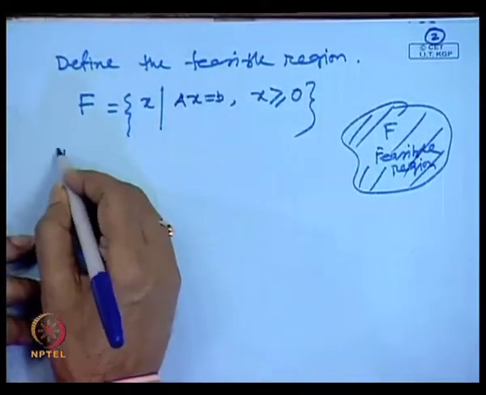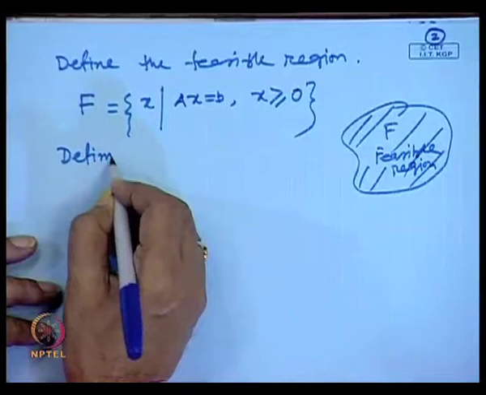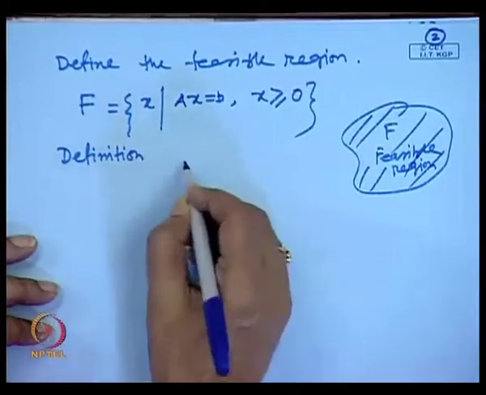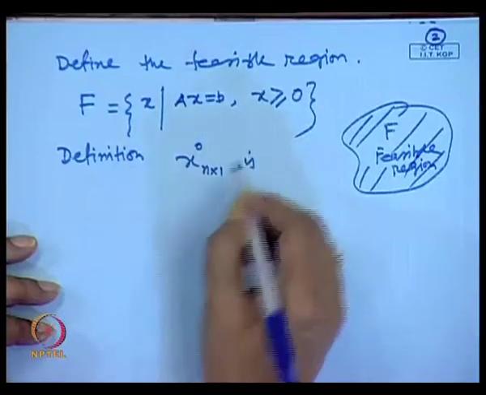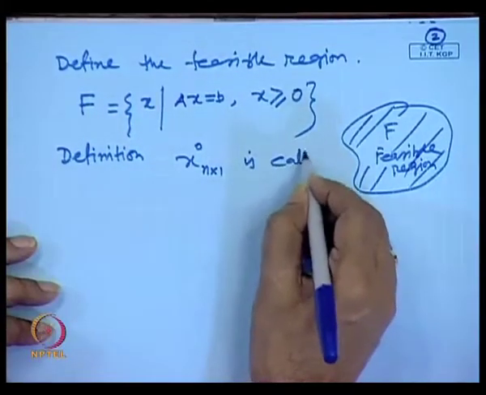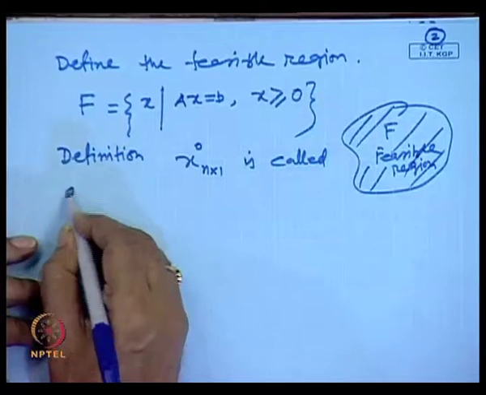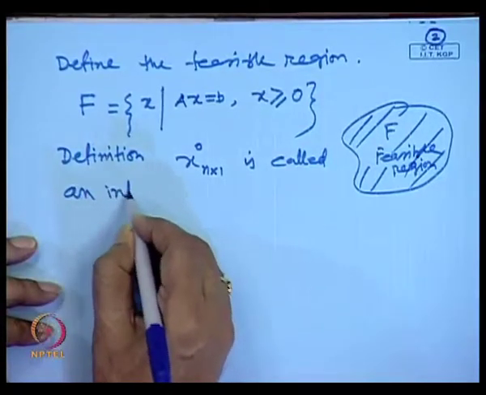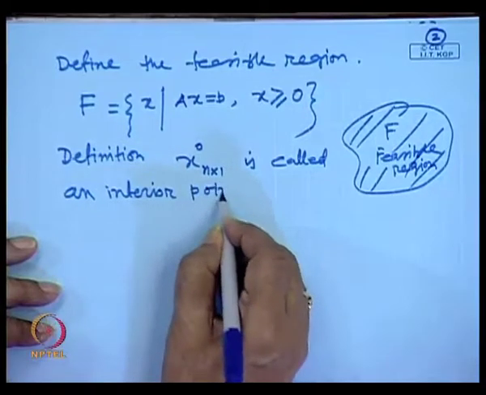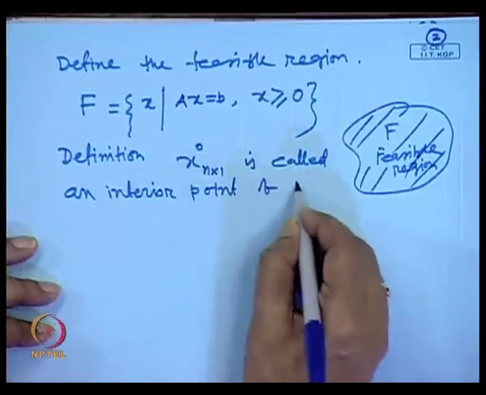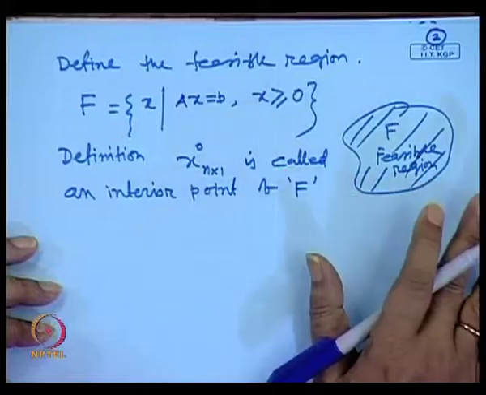So, the simple definition is like this: x, whose dimension is n, is called an interior point of F, where F is the feasible region.